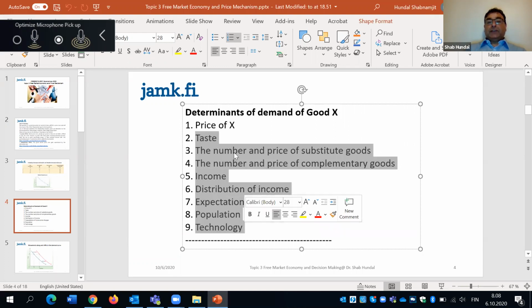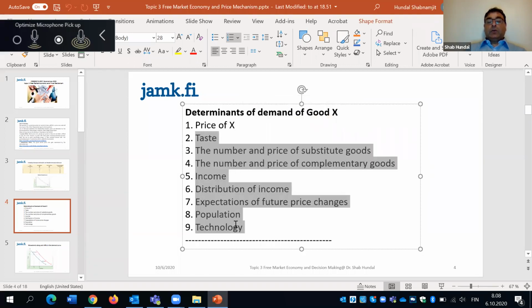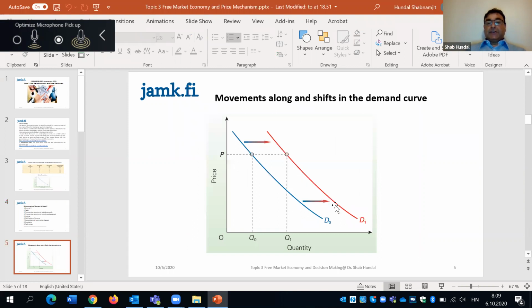But the most important thing is that the price of X doesn't change. When one or all of these other factors change, there is a shift in the demand curve. For instance, look at the price P. When the population increases, at the same price, there'll be more mouths to feed, more people who would demand.